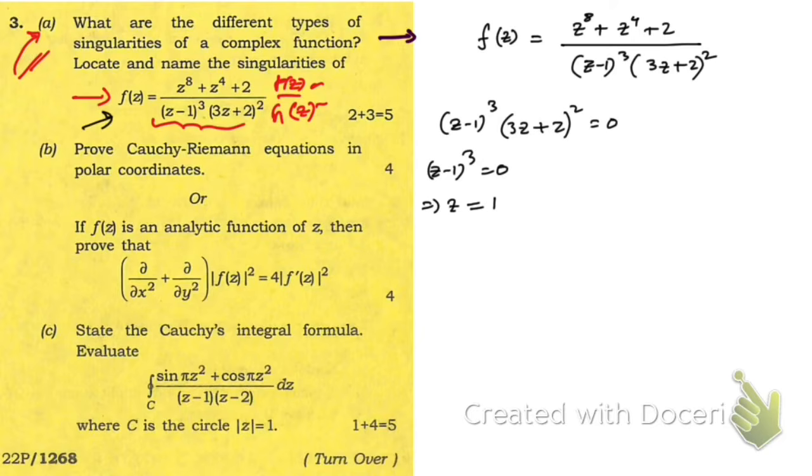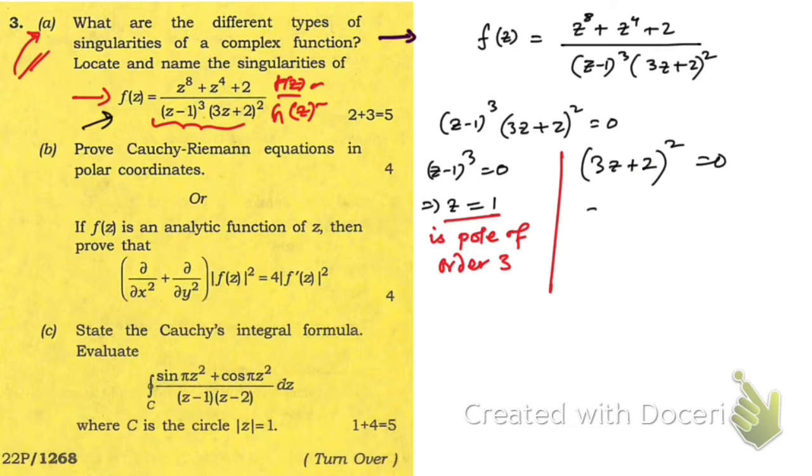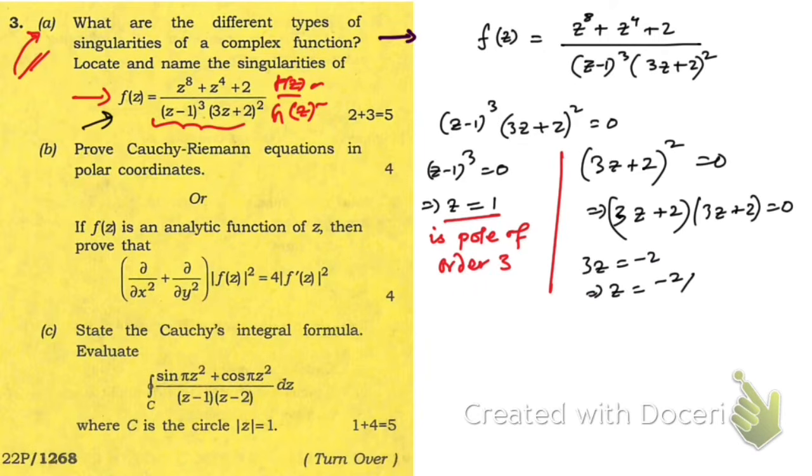You can write, this is a pole of order 3. So similarly, we can obtain 3z plus 2 whole square is equal to 0, that is 3z plus 2 into 3z plus 2 is again equal to 0, which implies 3z is equal to minus 2 and z is equal to minus 2 by 3.